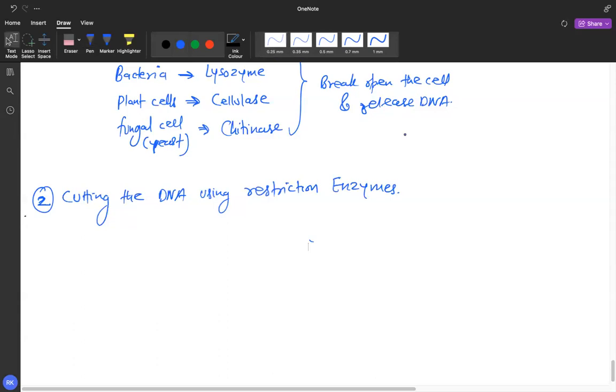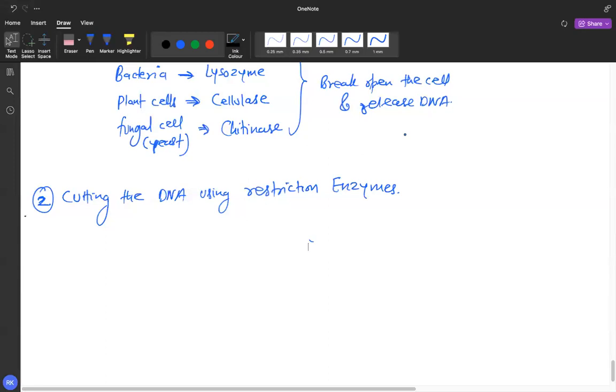Now this we know how we will choose which restriction endonuclease to use. We will choose it on the basis of what segment of DNA we want to cut out. So we'll first go and check the sequence of our gene of interest. We will check upstream and downstream sequence. Does it contain a cloning site or a recognition site for restriction endonuclease?